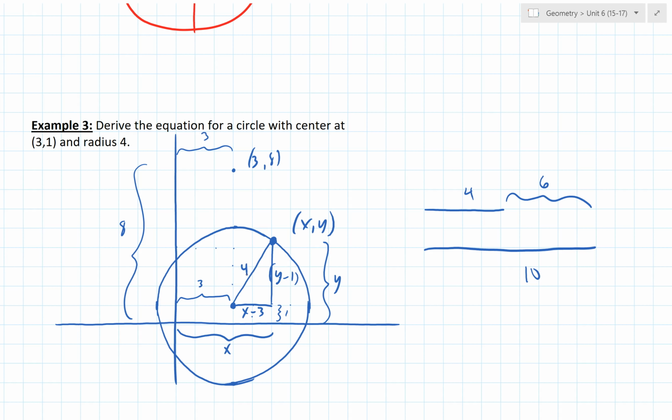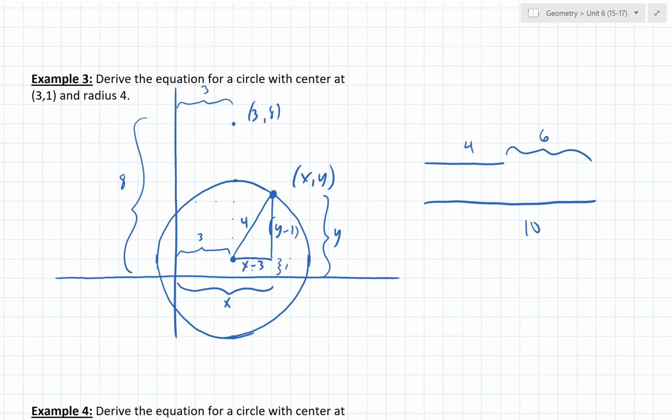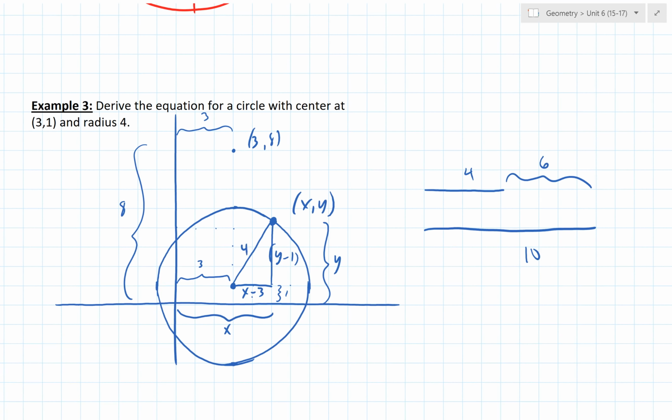Okay, so now that we have those lengths measured, everyone use the Pythagorean theorem to write an equation for that circle. Leg squared plus leg squared equals hypotenuse squared. We have a right triangle right here.